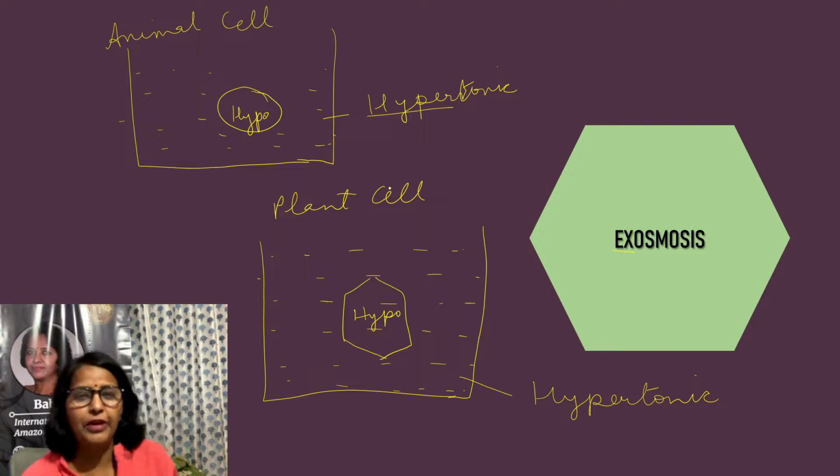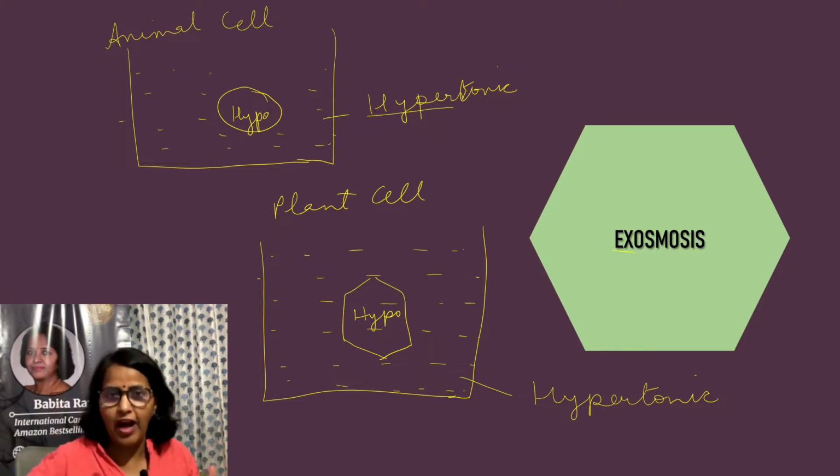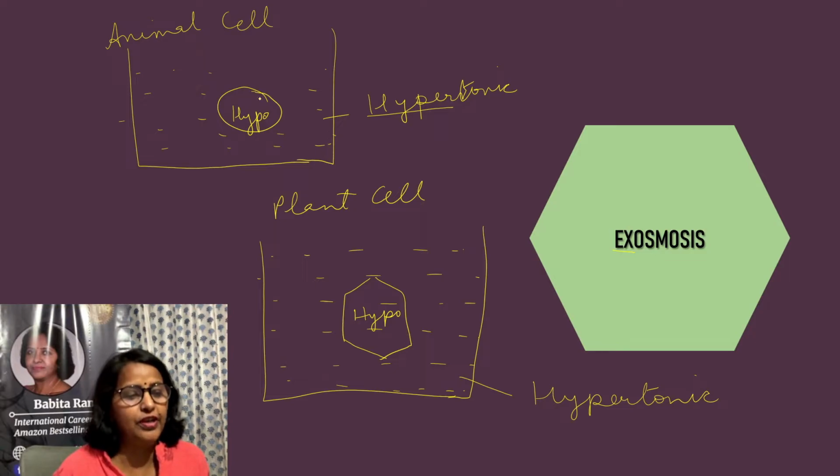And do you remember the definition, the third definition that I gave you for osmosis? It is movement from hypo to hypertonic solution. So if the cell is having hypotonic solution with respect to this, water will move out of this.